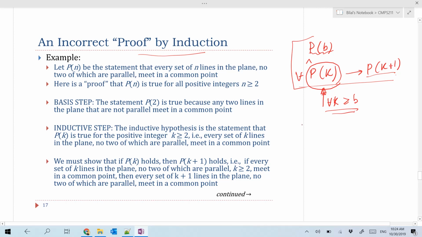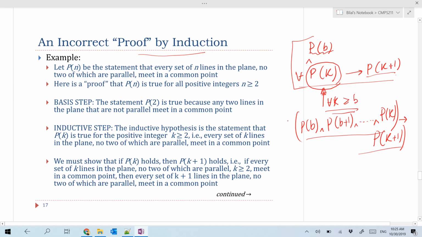With strong induction, we check that the property is true for b, we prove it also for b plus 1, and for b plus 2, and so forth, up to k. And given all these facts, we prove that this necessarily implies that the property is true for k plus 1. And in this case, we can be more confident that the property is finally true for any n.